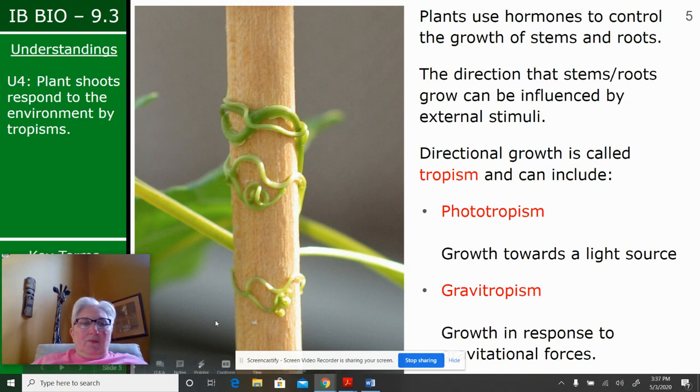Our root systems, which of course are down here underneath the soil, are growing towards or with the pull of gravity towards the center of the earth. And so then we consider those to be positive gravitropisms. So with the stem, we have a positive phototropism, but a negative gravitropism. And with the roots, we have a positive gravitropism while we have a negative phototropism.